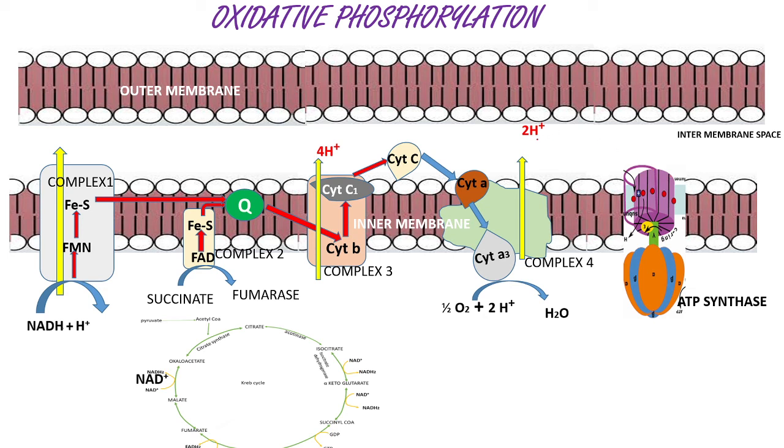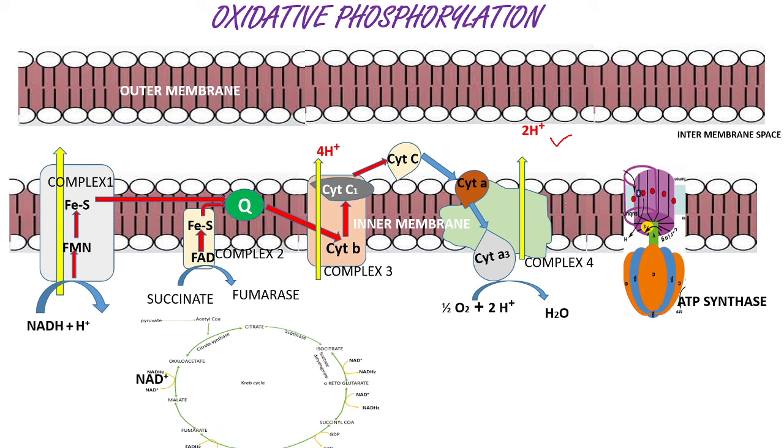The concentration of hydrogen ions is higher, so there is a tendency of hydrogen ions to diffuse from higher concentration to lower concentration in the matrix. The inner membrane is impermeable to these ions, protons, so how can they enter into the matrix?